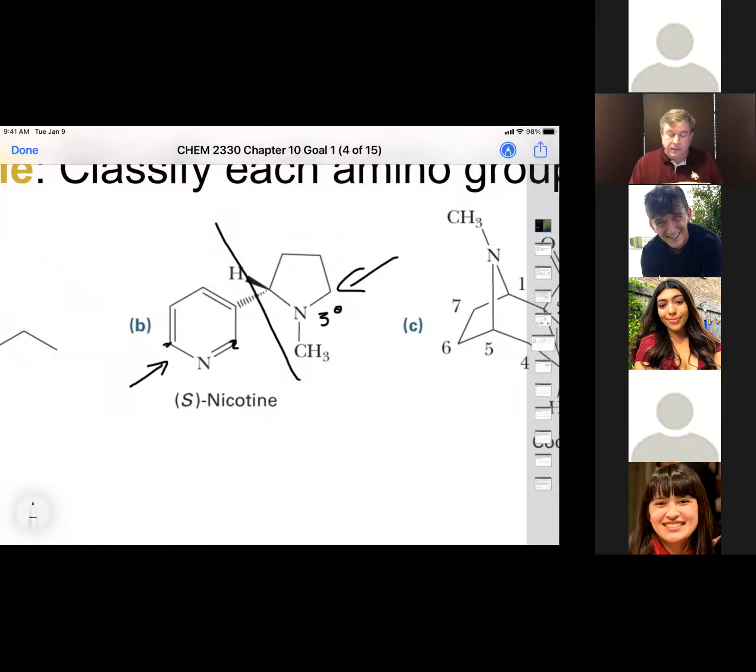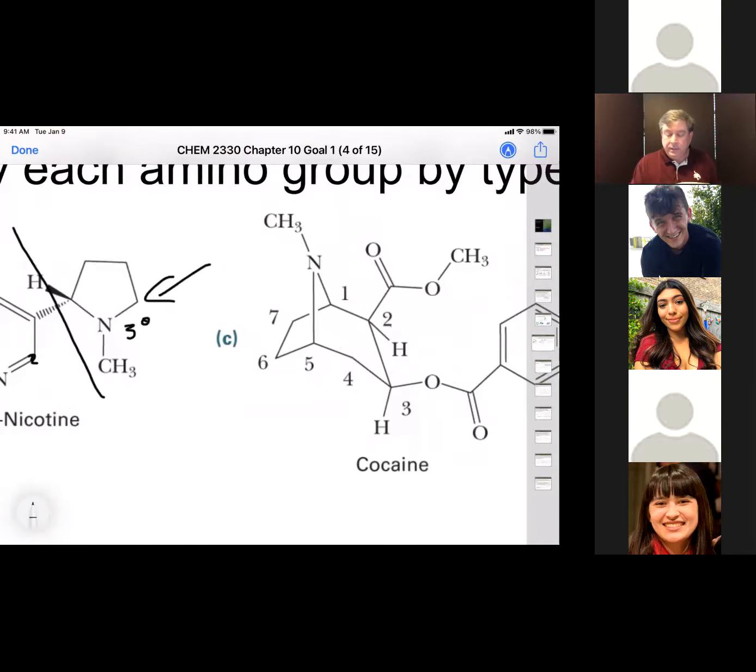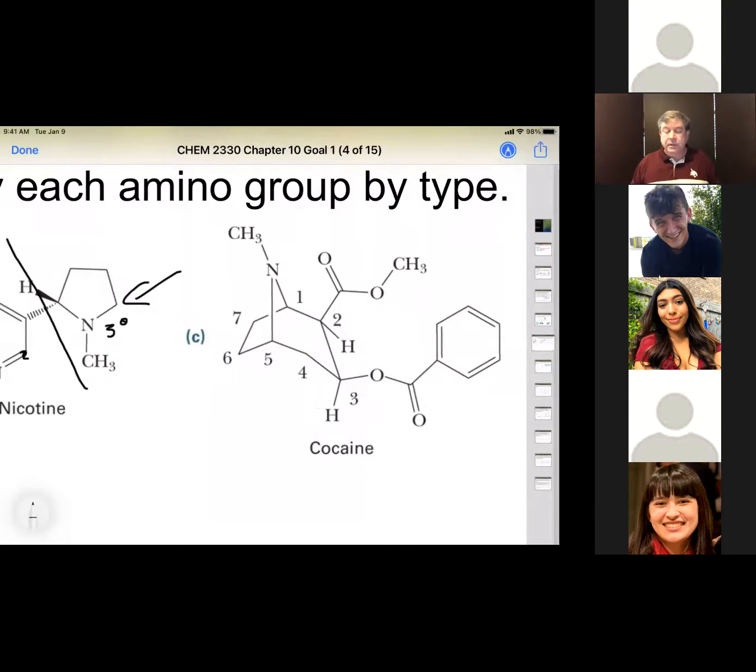Notice that it's in a ring and it can be aromatic. Let's go for this one right here. Because the benzene ring is way over here, it's not an aromatic amine. So it's an aliphatic amine, but it's a special kind of aliphatic amine.